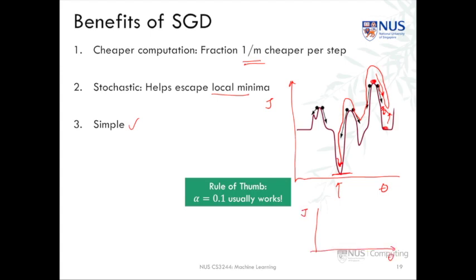Theta here, cost function, and I'll have periods like that, where in the real loss function it looks like this. So let's say we're at this point here, we pick a random example. And the random example might actually have a little bit different type of cost function because it's just for a single point. Then maybe the gradient is in this direction, so I might descend a little bit this way.